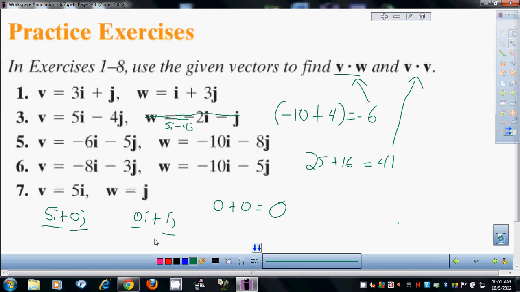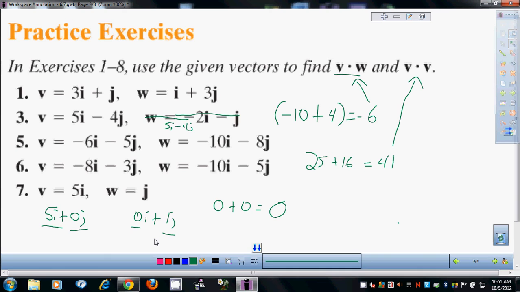You're going to find, and I'm jumping ahead to the very last slide of the day, when you have a dot product of 0, and it won't always be this cut and dry where one's only i's and the other's only j's, when any pair of vectors has a dot product of 0, that means they are perpendicular. Remember how I said dot product is going to help us find the angle between vectors? Well, in about 2 slides, I'm going to give you a formula that's not horrible, but it's a rather lengthy formula.